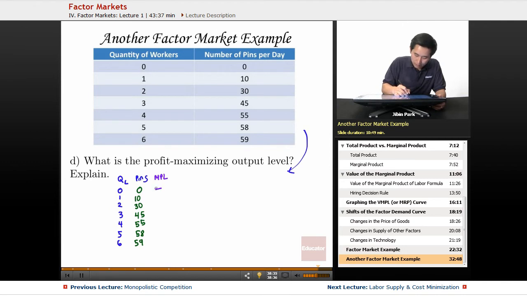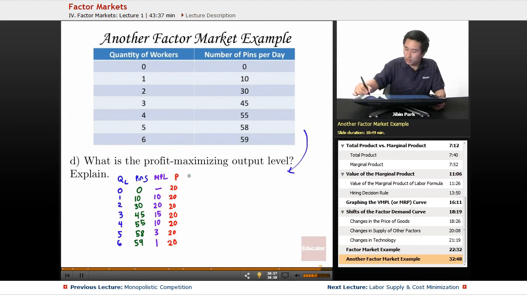And you have the MPL: 10, 20, 15, 10, 3, and 1. And then you have the price. What are you charging for the pins here? The price is $20. And so you want to get the MRP. The MRP is going to be 0, 200, 400, 300, 200, 60, and 30.